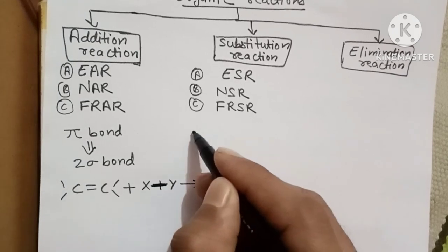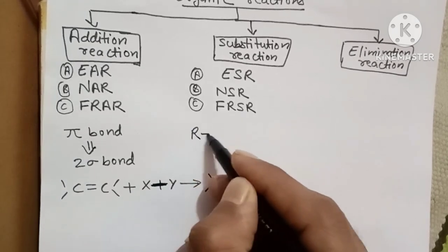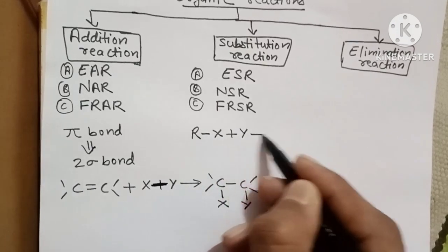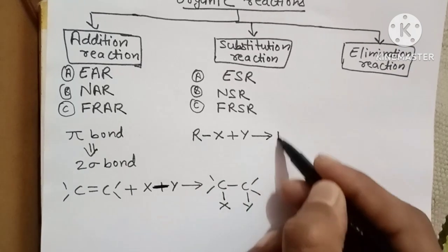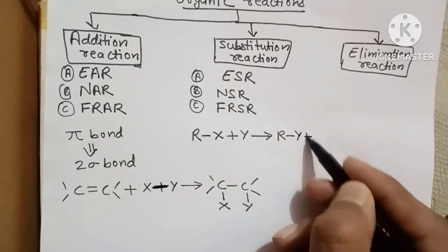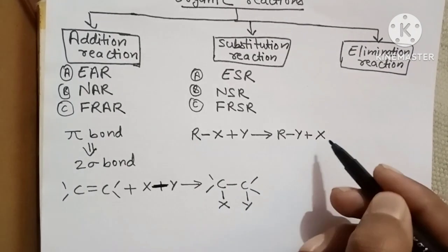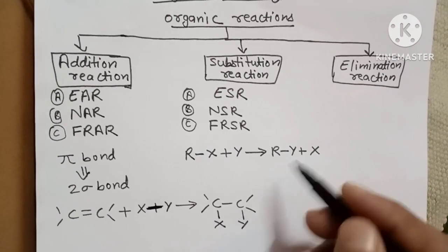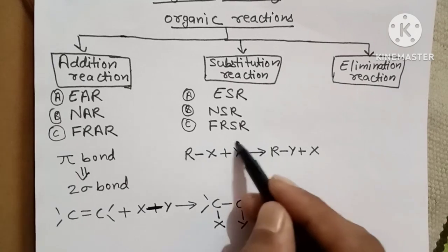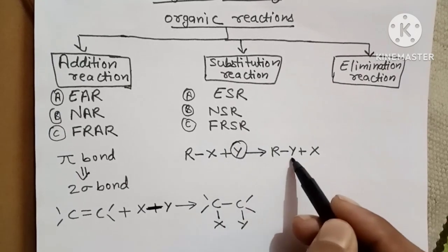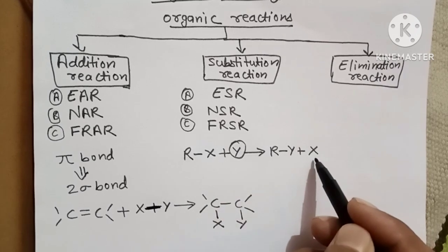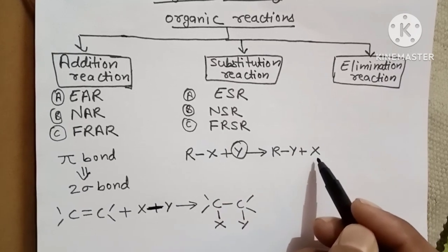In the substitution reaction, it happens like this: RX plus Y gives RY plus X. So this is what simply happens in substitution: Y is substituted here and X is left out.